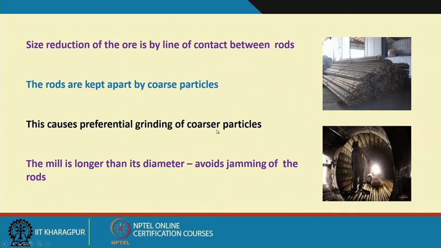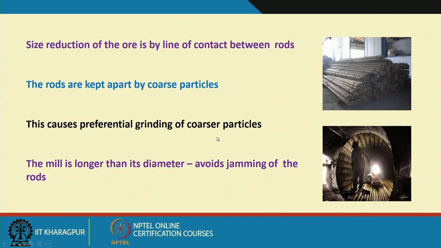If I have two rods with a coarser particle here and finer particles there, when the rod rotates there will be preferential breakage of the coarser particles relative to the finer ones, because there will be hardly any abrasion between the finer particles and the rods, since the coarser particle has to be broken first.